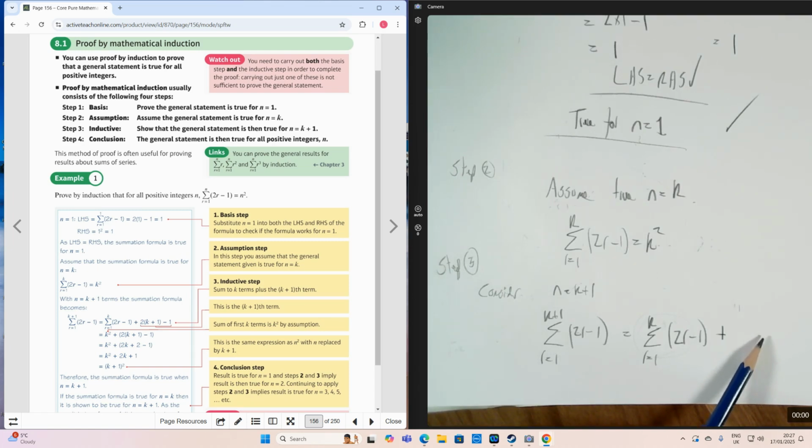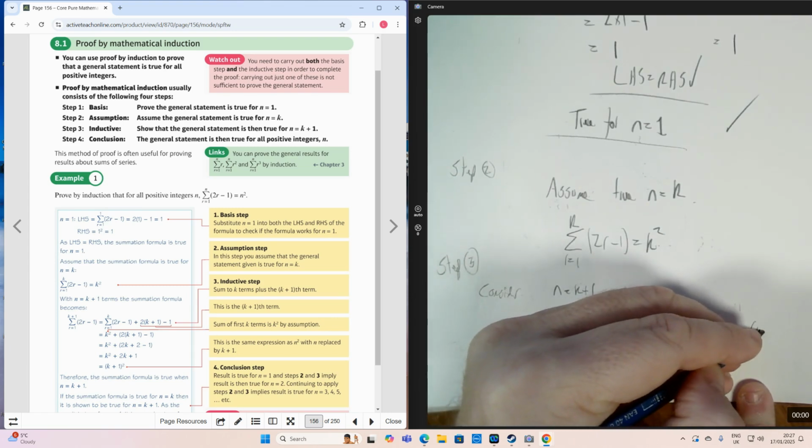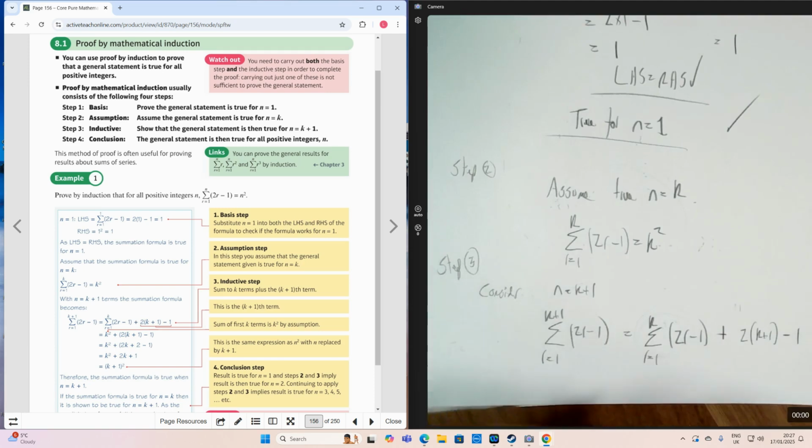And the k plus 1 term is when r is k plus 1. So it's going to be plus 2 times k plus 1 minus 1. And this is just this term here where the r has been replaced by k plus 1.